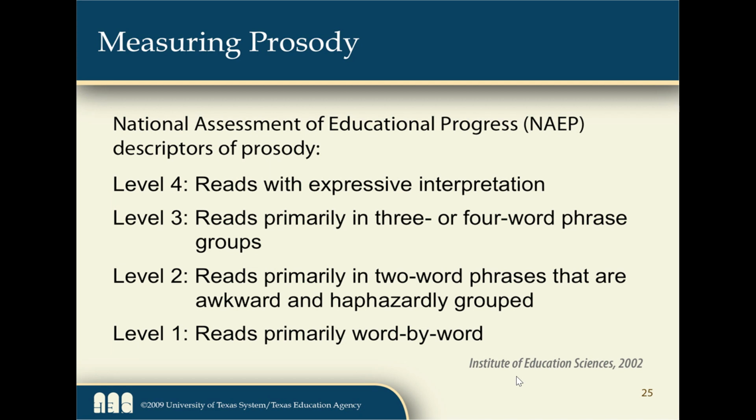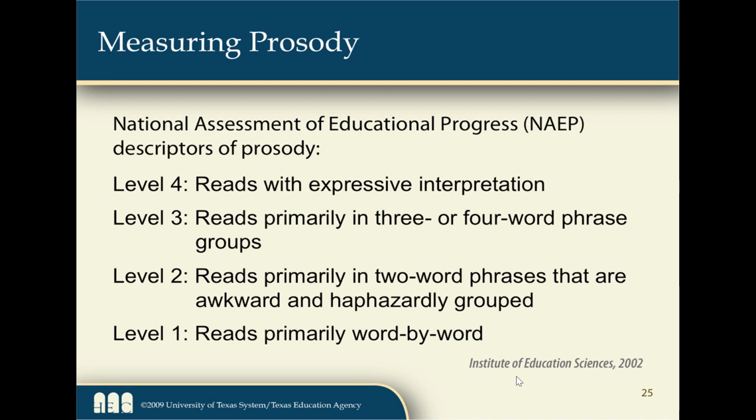When we're measuring prosody, the NAEP has described prosody for our students in different levels. And you might recognize this with some of the students that you see in your mentors' classes at Bowie. The level 1 reader, who's not necessarily prosodic with reading, is one who reads primarily word by word.